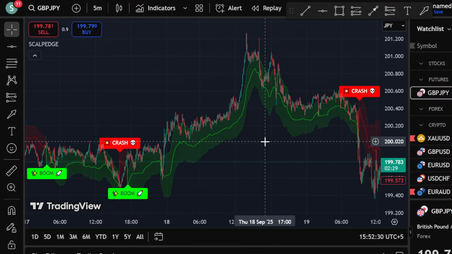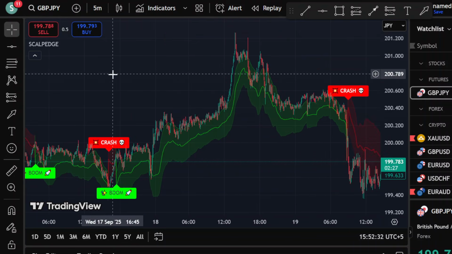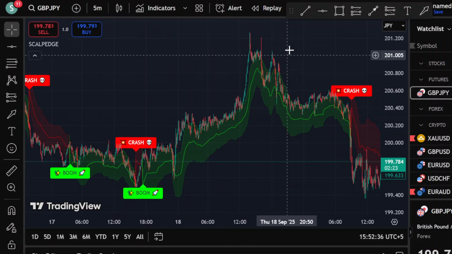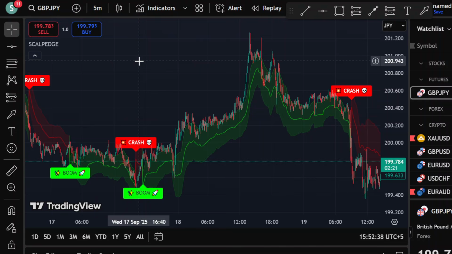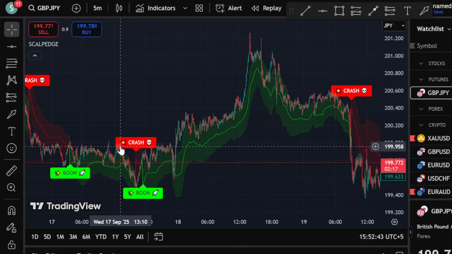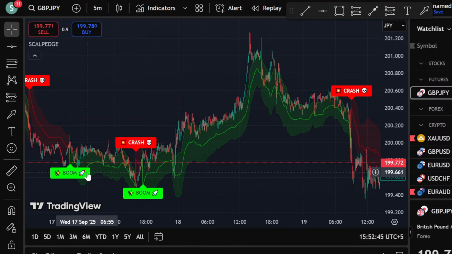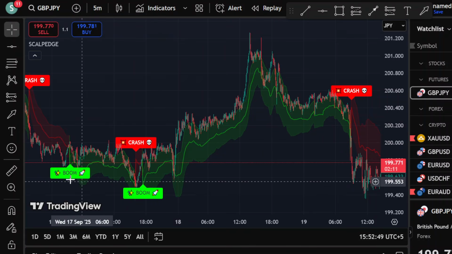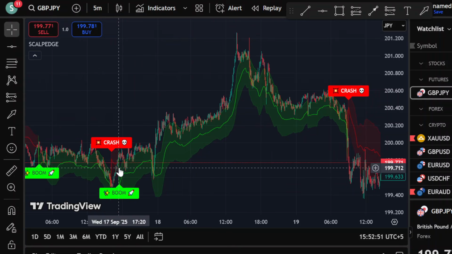Now I'm going to the Great Britain Pound JPY chart. Here the boom has not worked, the crash has not worked, but the third boom has worked. Now let me tell you about the quality of this indicator. If you have one or a couple of losing signals, the stop loss is not much in this indicator. If you're trading from here and the price goes up to here, you accept your stop loss.